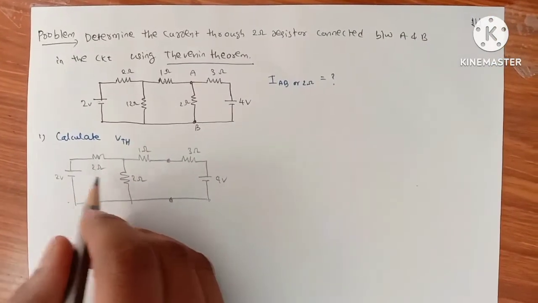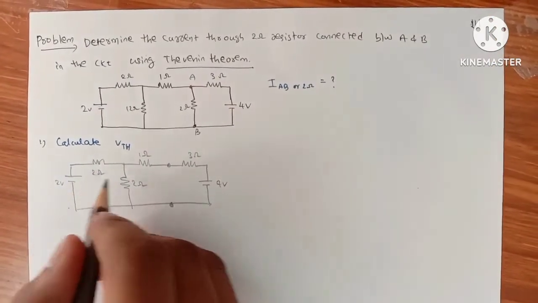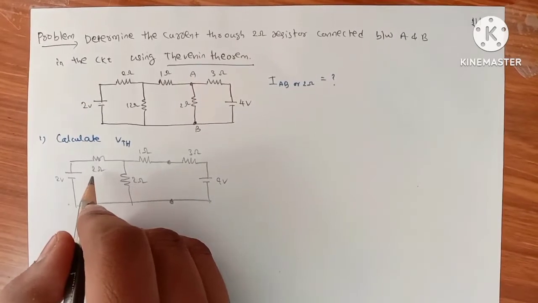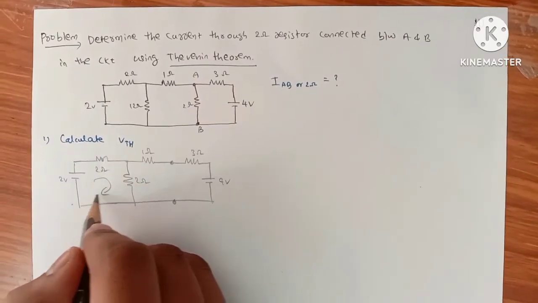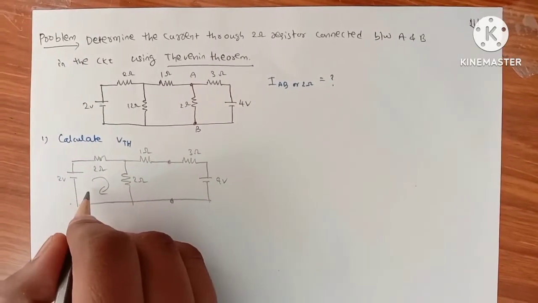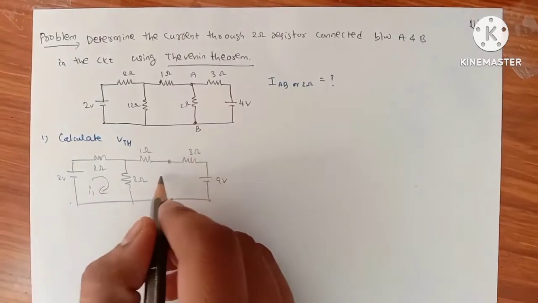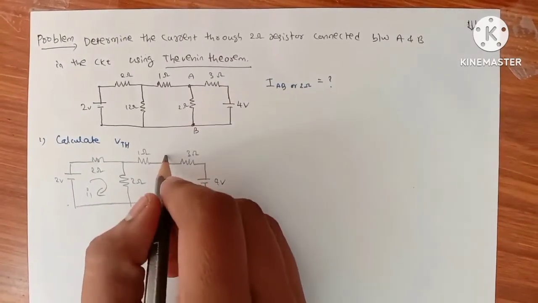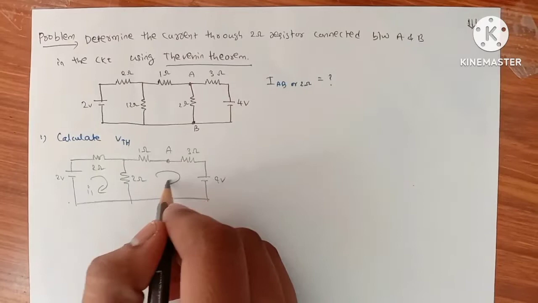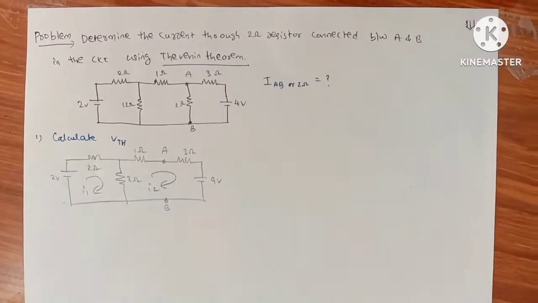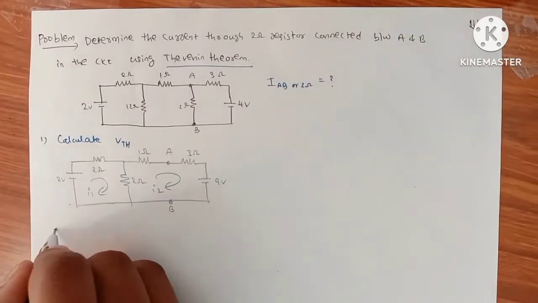Here I am using mesh analysis. For mesh analysis, I am considering loop equations. The current flowing through this loop is I1 and the current flowing through this loop is I2.